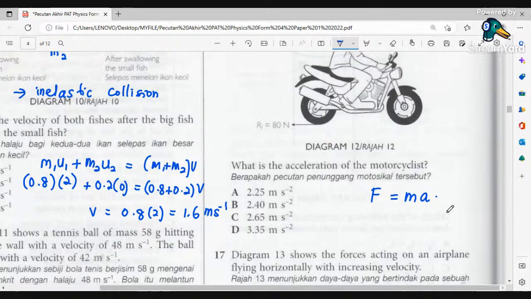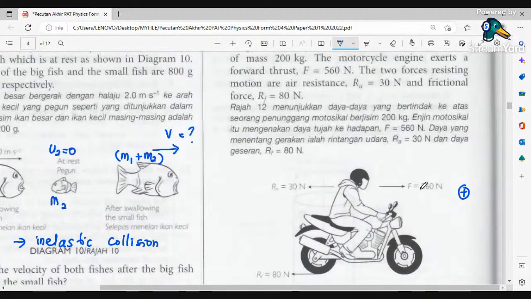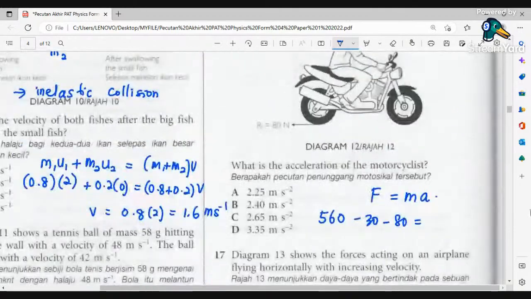Okay, resultant force, take right direction as positive, direction of motion, 560 minus air resistance minus friction equals to mass 200 A. Okay, 200 A equals to 110 means 450.